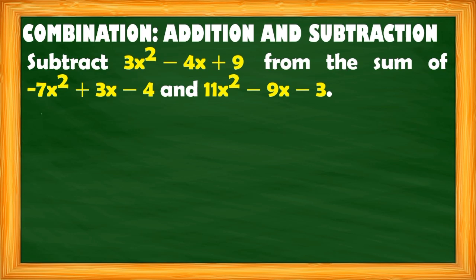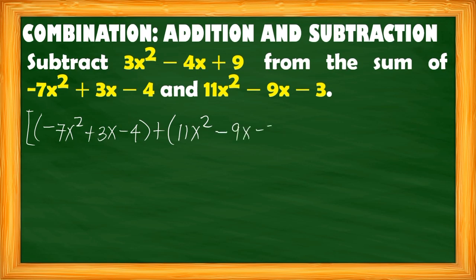I-add natin yung negative 7x squared plus 3x minus 4. Tsaka, yung 11x squared minus 9x minus 3. Tsaka natin isusubtract yung 3x squared minus 4x plus 9. So, again, kailangan po naka-enclose sa parenthesis lahat ng terms ng polynomial. So, yung buong polynomial.